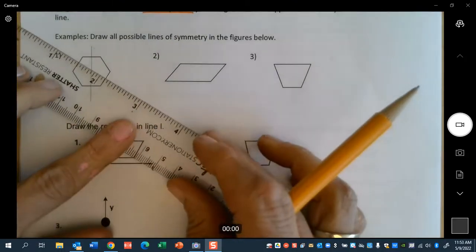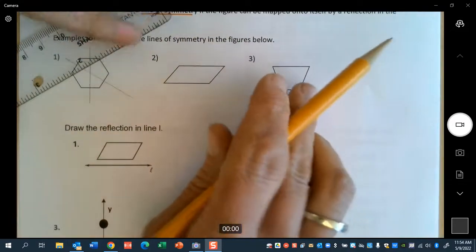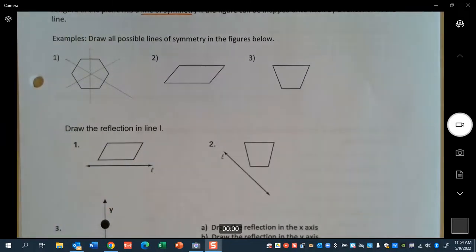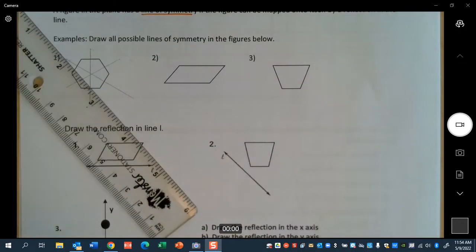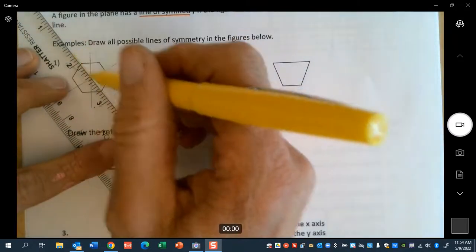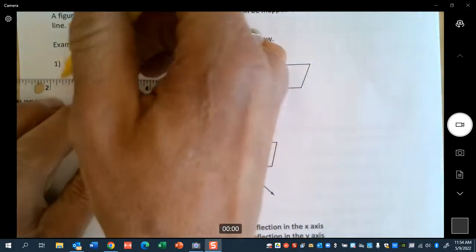What's interesting is with this regular shape, this hexagon, I can draw 3 lines of symmetry where it's folding onto itself. But then I have to ask myself, wait, can I fold it on the corners too? So if I folded my hexagon this way, are these lines of symmetry too?